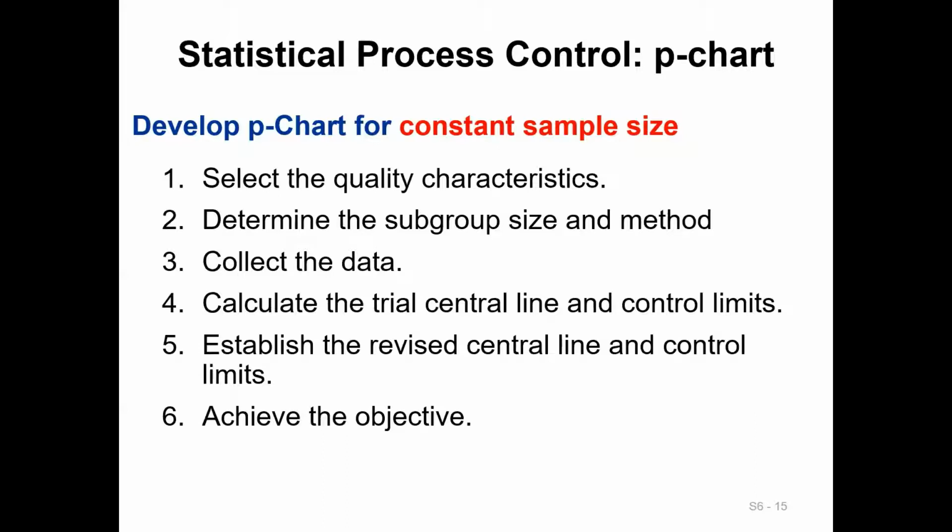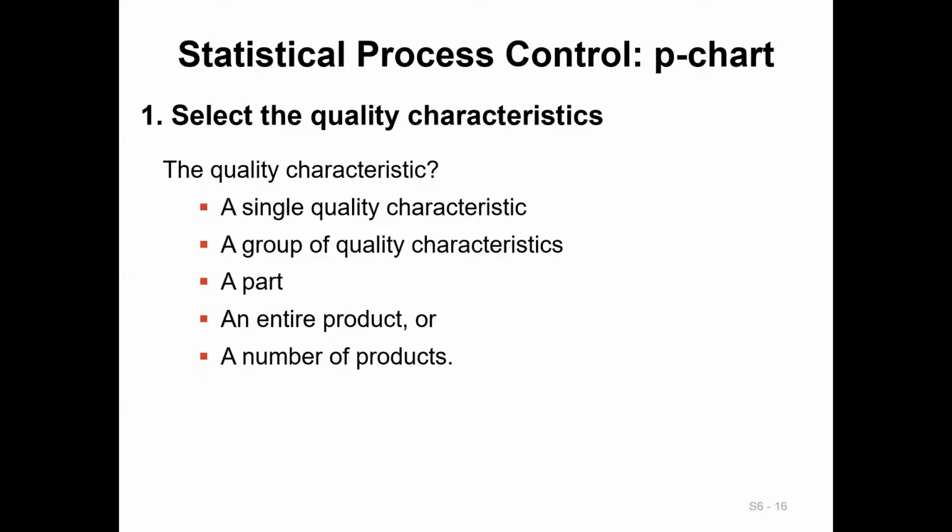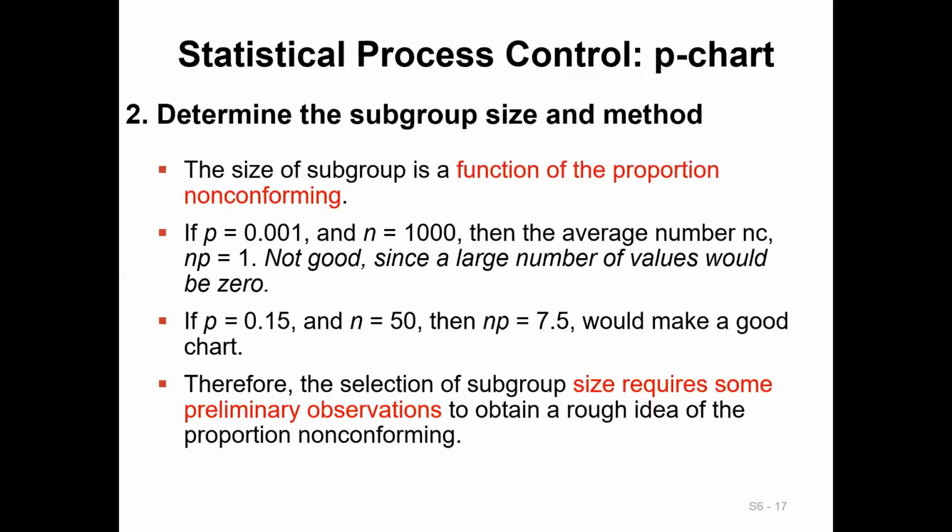There's only one thing that I want to focus on here. Select the quality characteristic: you can select whatever attribute. Attribute means something that you count without measurement, right? The one that I want to highlight here is the selection of the subgroup size and also the sample size, especially the sample size.